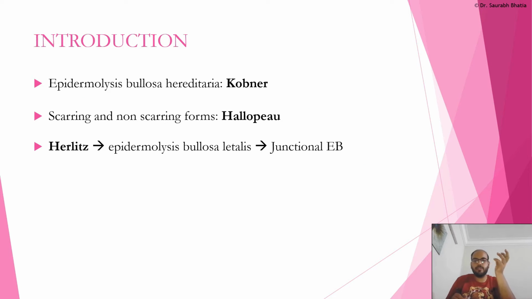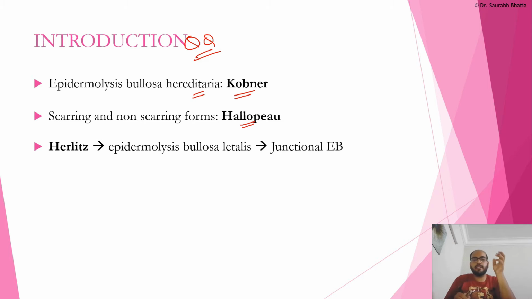Now these are just some names which you can remember, so that when they are asked multiple times in quizzes, you can answer them. So the epidermolysis group of disorders was labeled by Kohner as epidermolysis bullosa hereditaria. Okay.